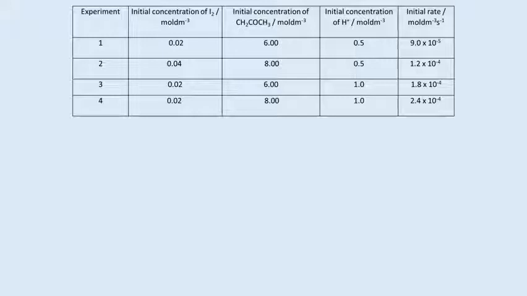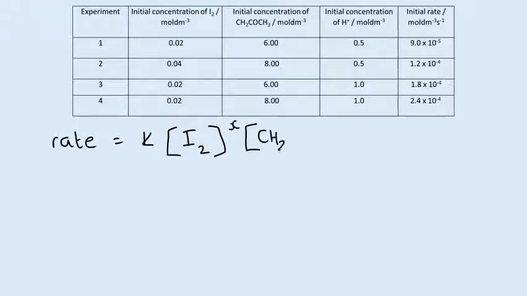Okay then, so we know the rate equation is going to have the form: rate is equal to k multiplied by the concentration of I2 to the power of something, multiplied by the concentration of CH3COCH3 to the power of something. Because we have a catalyst in this, the catalyst can be in the rate equation because it will affect the rate of reaction.